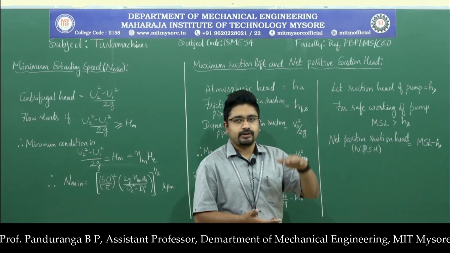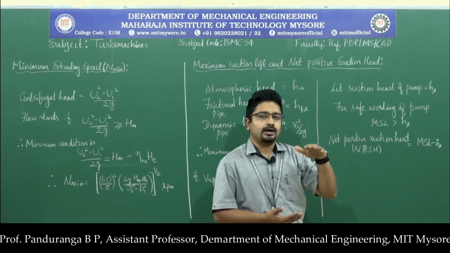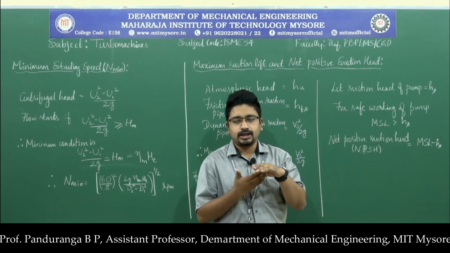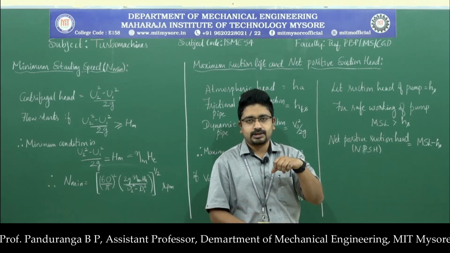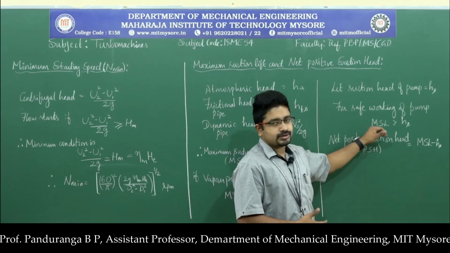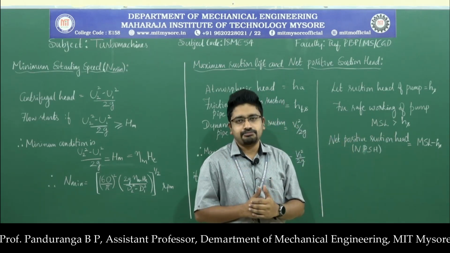If the maximum suction head is maybe 10 meters, and we are keeping this pump at a height of 9 meters from the sump, then for safe working the maximum suction lift of that pump should be greater than 9 meters.